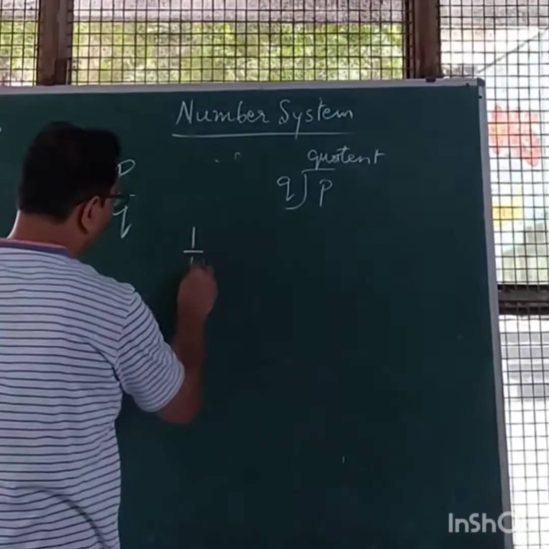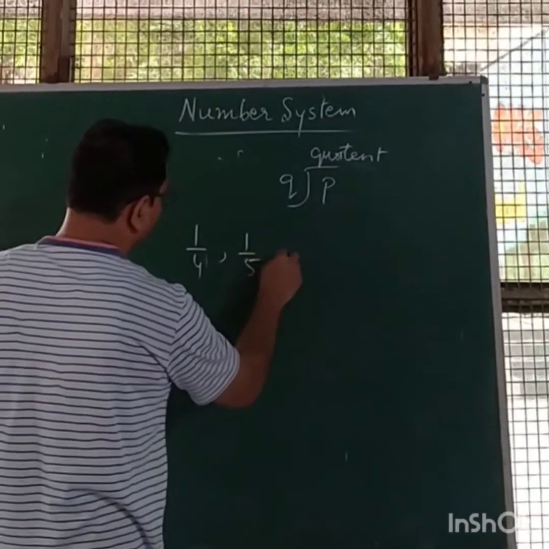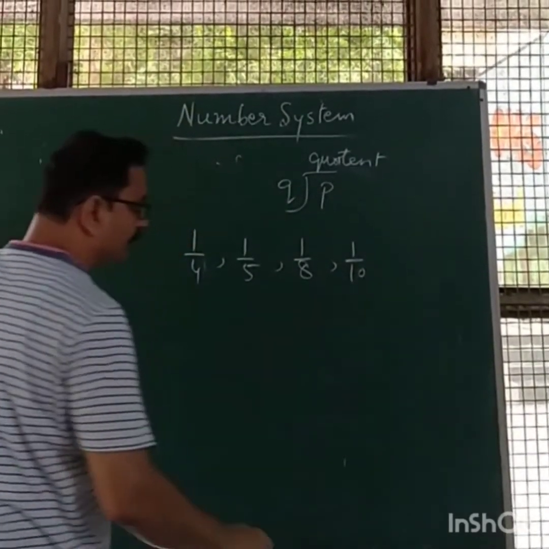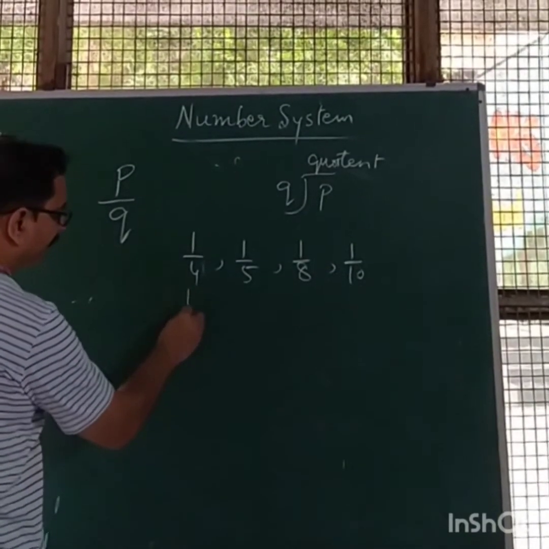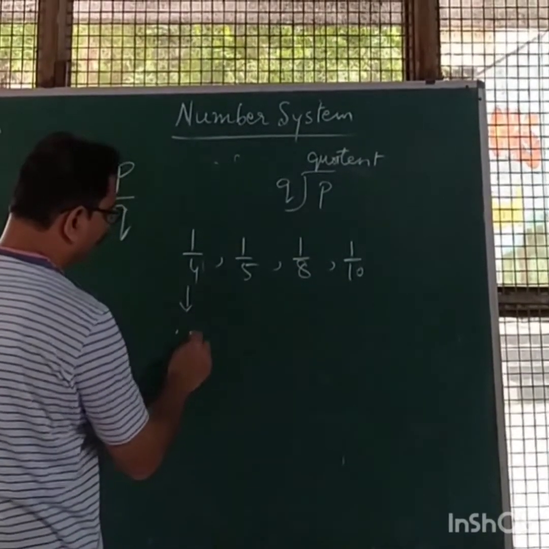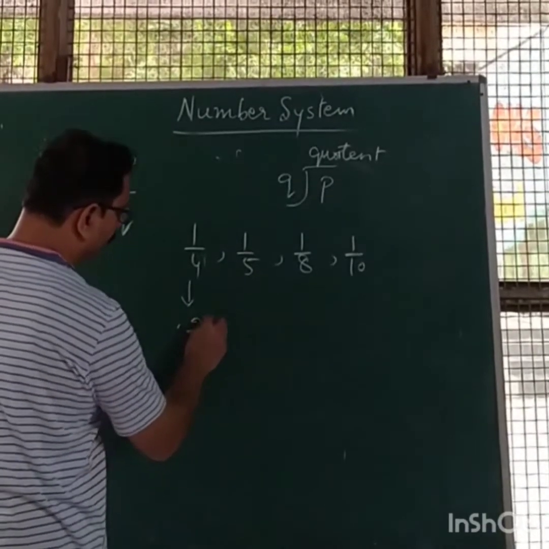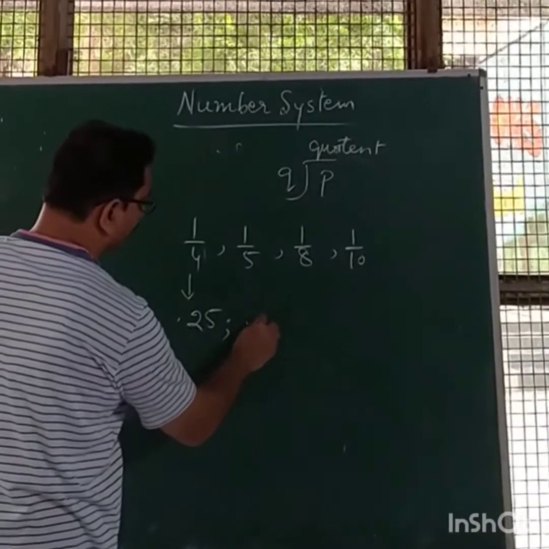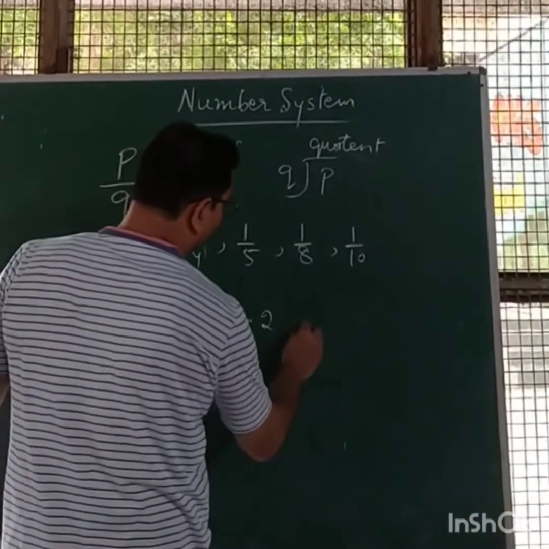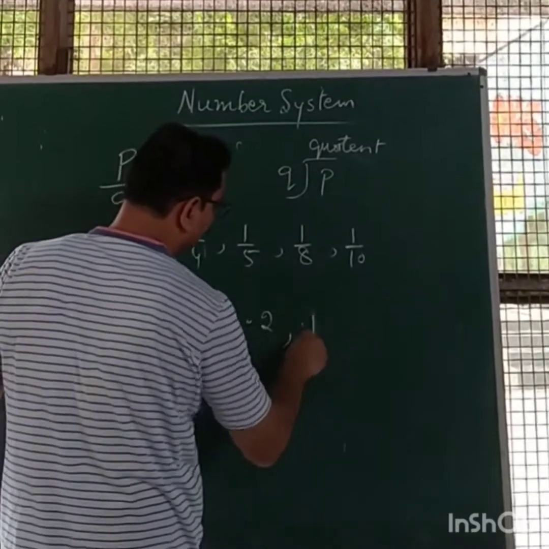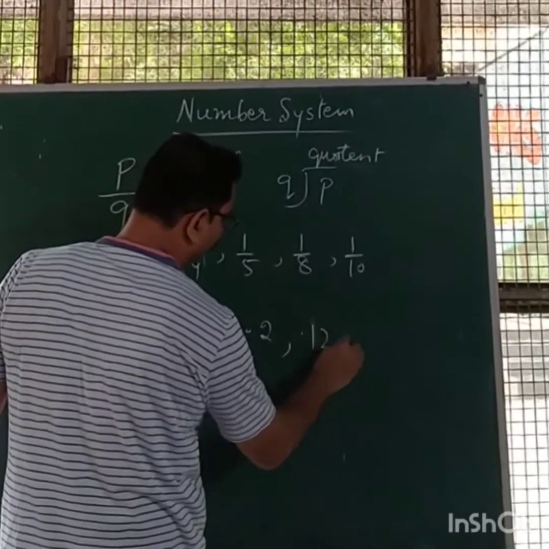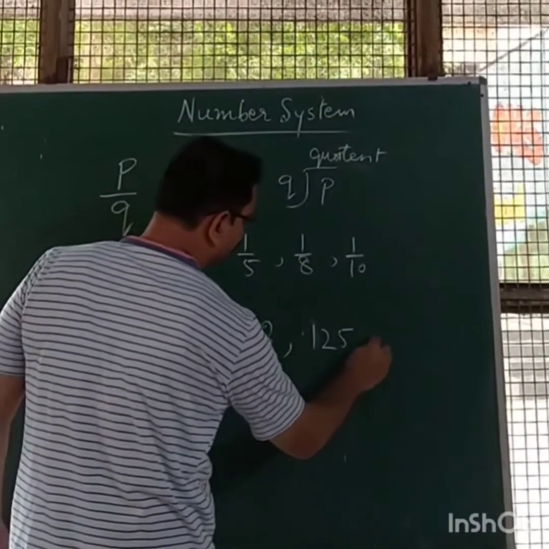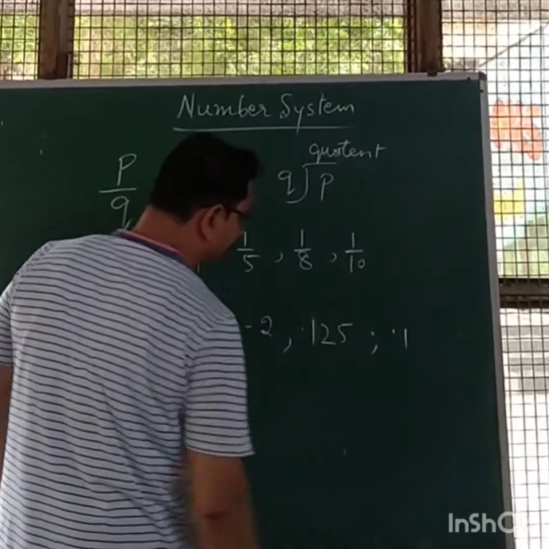Like 1 upon 4, 1 upon 5, 1 upon 8, 1 upon 10. These have decimal expansions like 0.25, 0.2, 0.125 and 0.1.